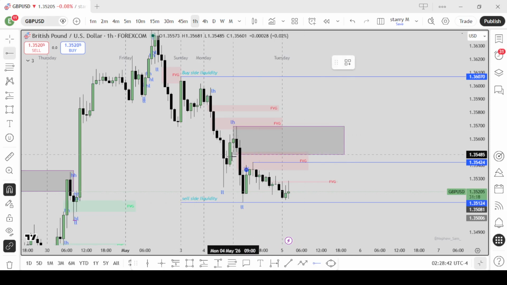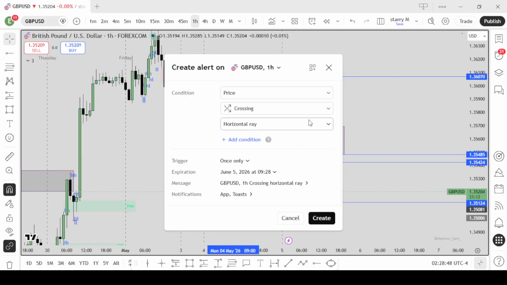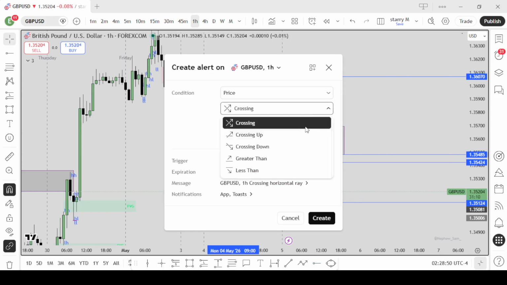And another one here. Once it gets to this level, we can start looking for 5 minutes market structure shift and then prepare for entry.